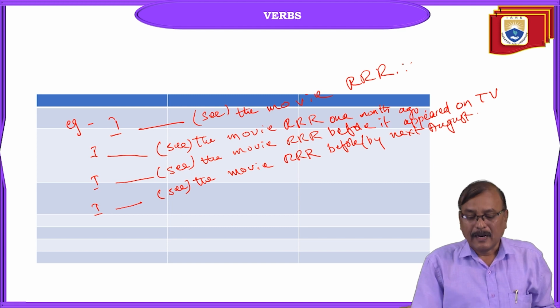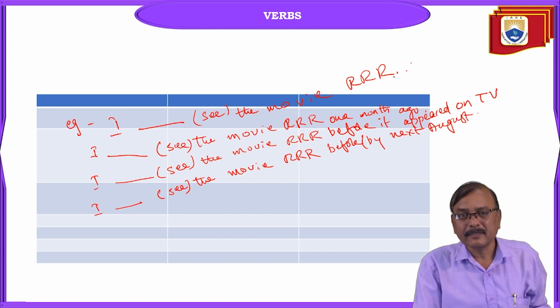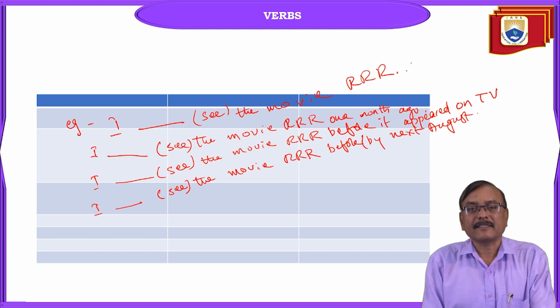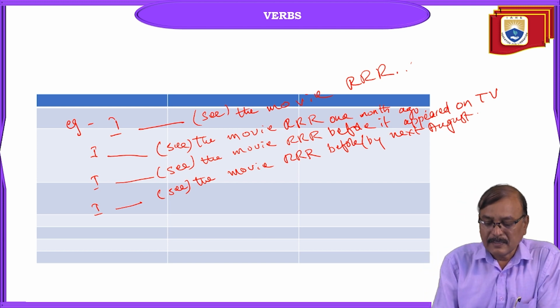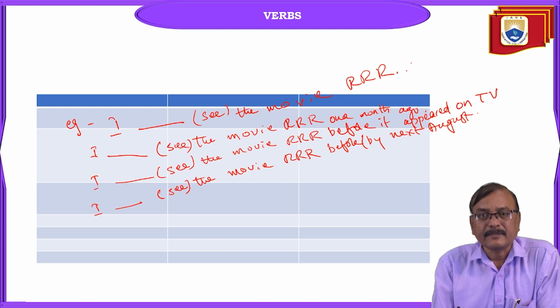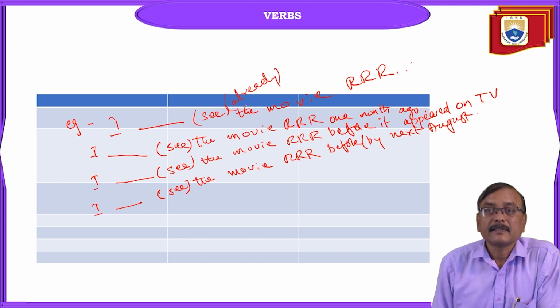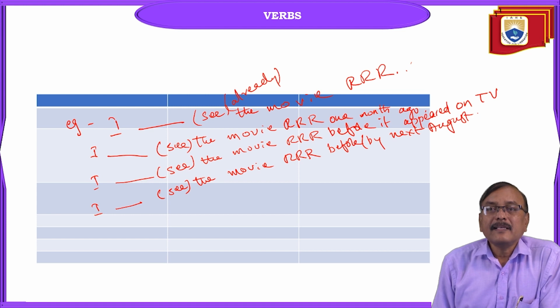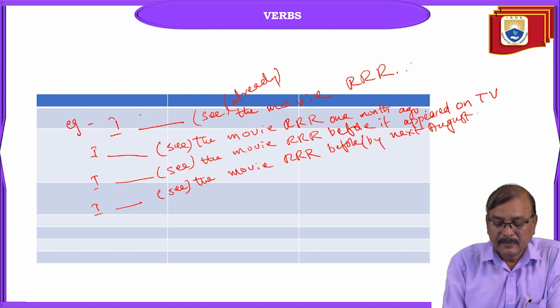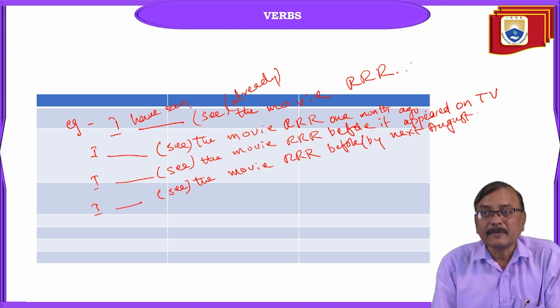Next, is it a regular action? Is it a habit? No. So it is not a regular action, not a future action. So what is it here? It is a completed action. Sometimes you can also keep already in brackets. So what is it? I have already seen the movie Triple R. I have seen the movie Triple R once or twice.